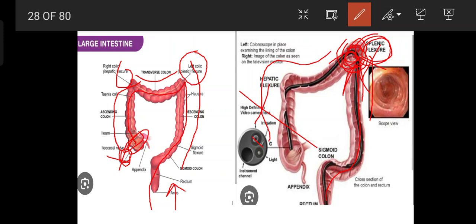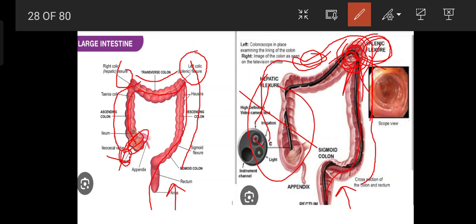In some cases, the physician started the colonoscope here and came all this way, and he saw the transverse colon also, and did not notice any abnormalities. He decided that till here we came, there are no abnormalities found, so the other part will also be fine, so we can discontinue the procedure here itself.